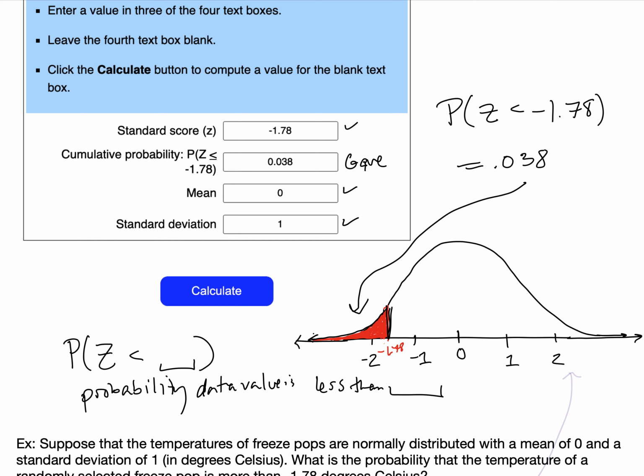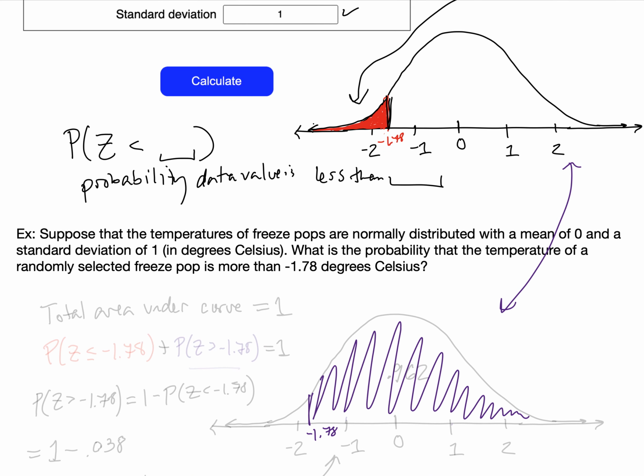So then we're looking at the probability. If here is negative 1.78, we're looking for the probability that our temperature is up here. So think for a moment, what is the relationship between this area in purple and the area above in red? Well, we know that for any probability distribution, the total area under the curve is always equal to 1.